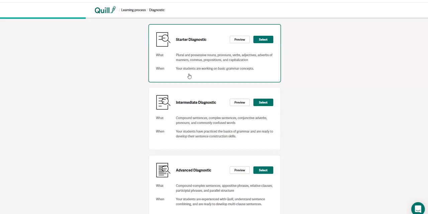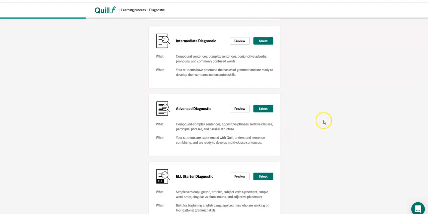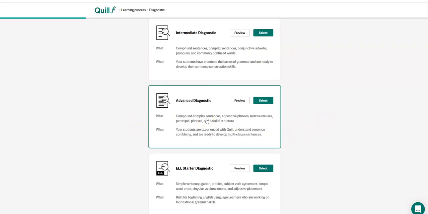And then with the intermediate, you're going to go up to compound sentences, complex sentences, conjunctive adverbs, and commonly confused words. The next step up would be your advanced diagnostic, so compound complex sentences, appositives, that sort of thing.